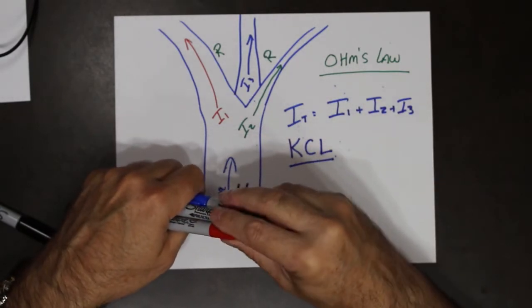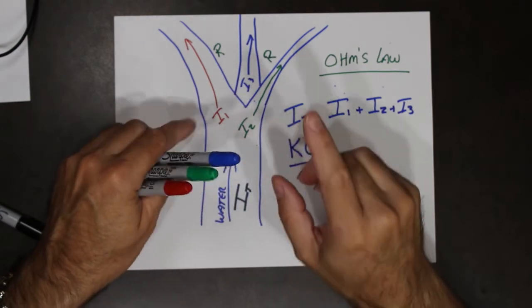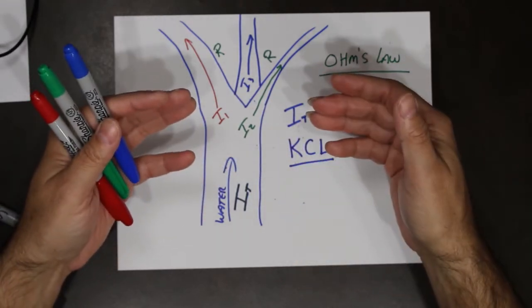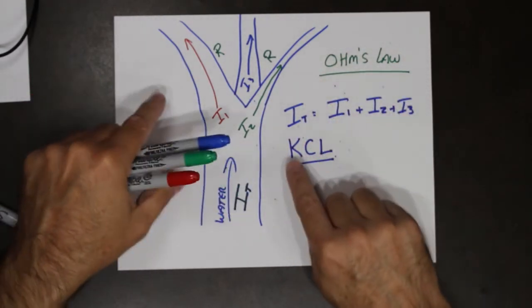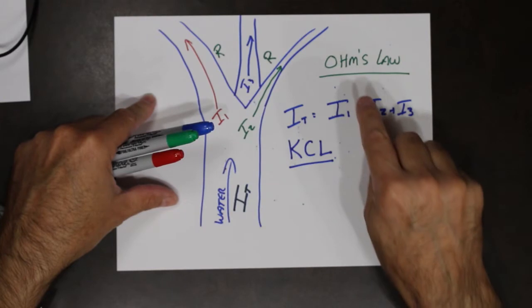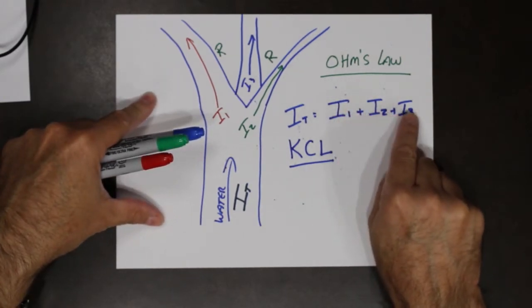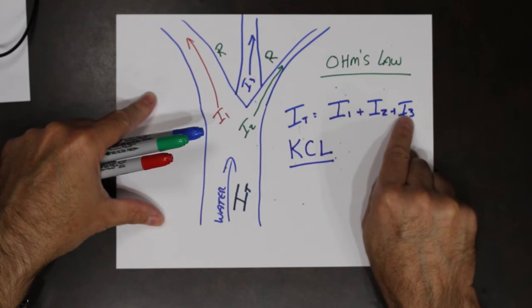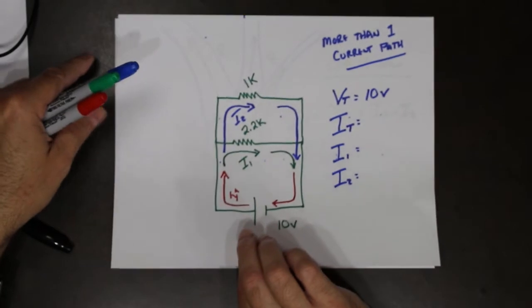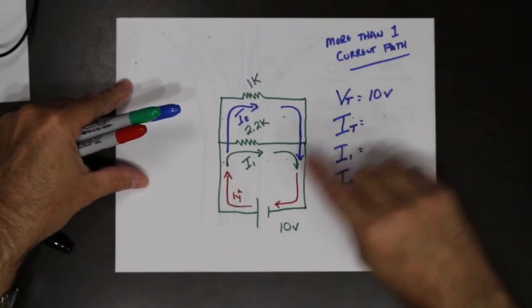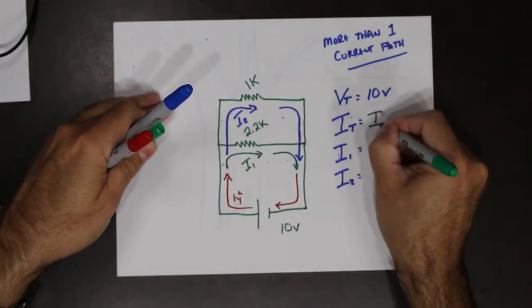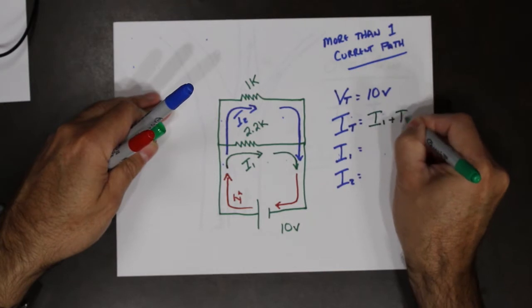Kirchhoff's voltage law for series circuits states that if you add up all of the individual voltage drops, they add up to the total. Kirchhoff's current law for a parallel circuit states if you add up all of the individual branch currents, they must equal the total. So if we go back to our real life example, I total is actually equal to I1 plus I2.